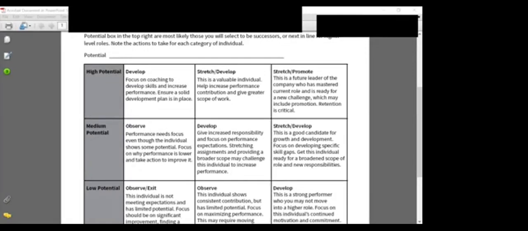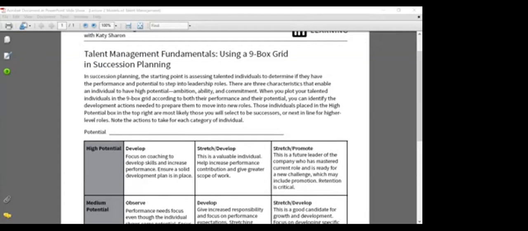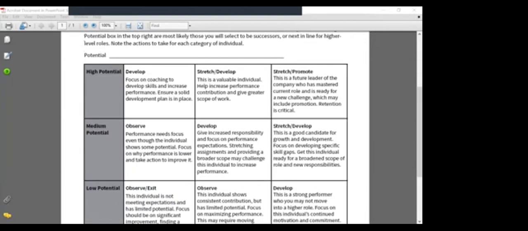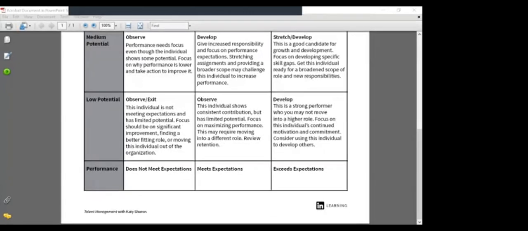Yes. Okay. So basically this is a tool which allows you to evaluate people on their performance and potential, and you can see that on the x-axis you have potential, and on the y-axis you have their current performance.